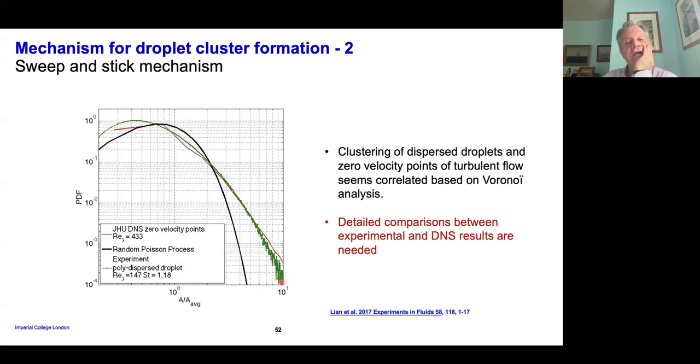And you see that the distribution of the zero velocity points coincides fairly well with the distribution of the Voronoi areas of the droplets, which is at least an indication, it cannot be verification, that the sweep and stick mechanism, which is associated with the zero velocity points in the turbulence, where effectively the particles stick to form clusters, appears to be a better way to explain why the turbulence generates clusters.